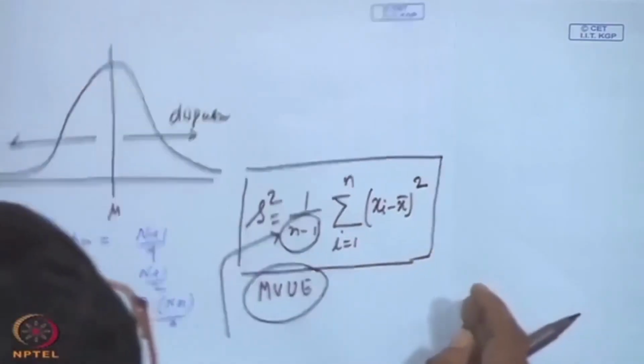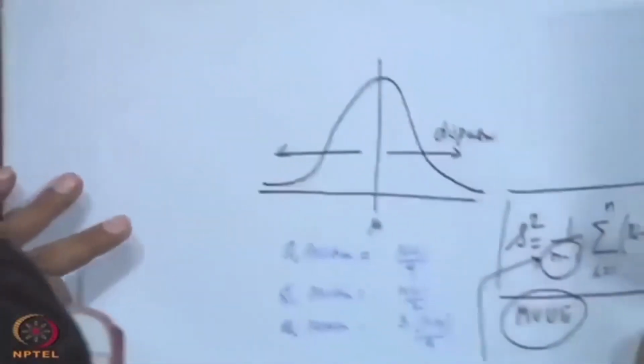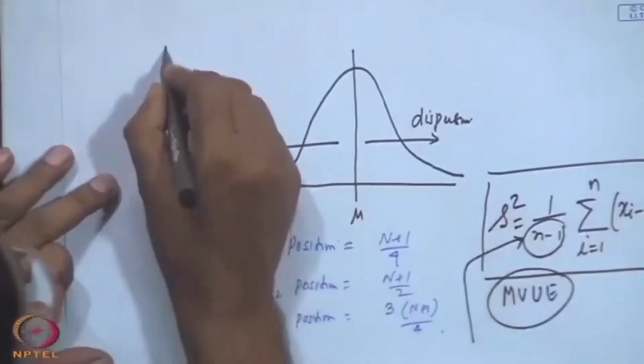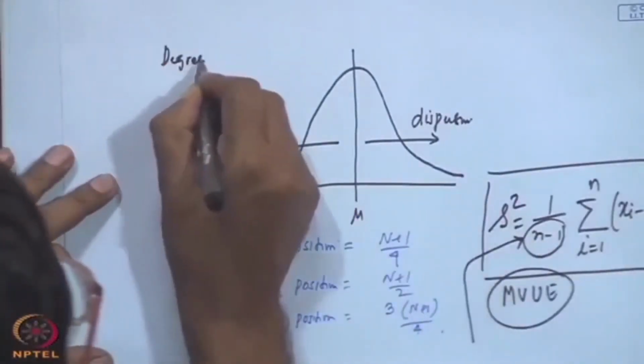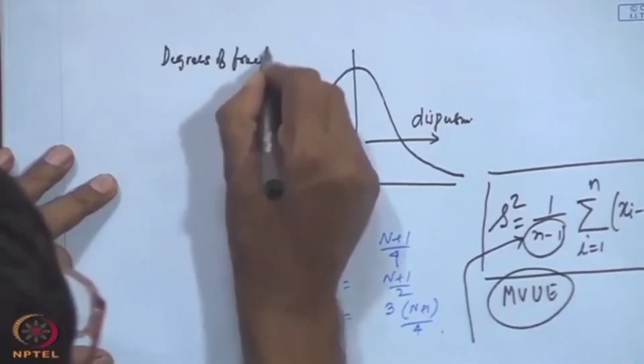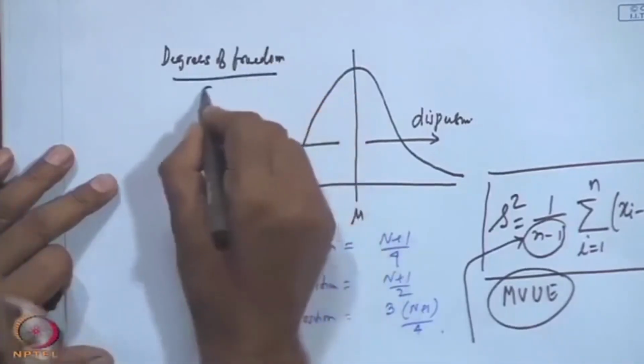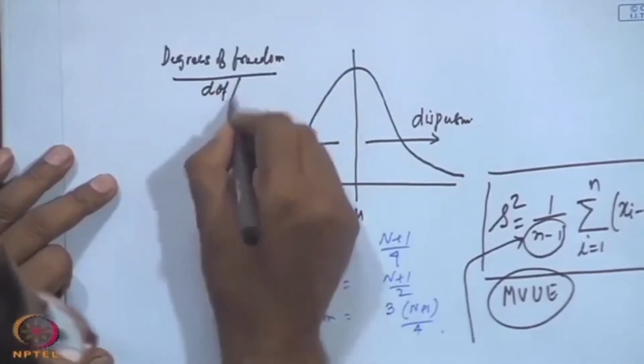Now, later on you will be discussing very frequently the degrees of freedom. Getting me? Degrees of freedom. We will be using DOF or DF.